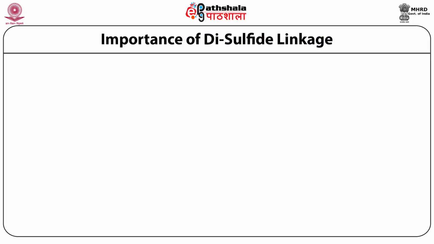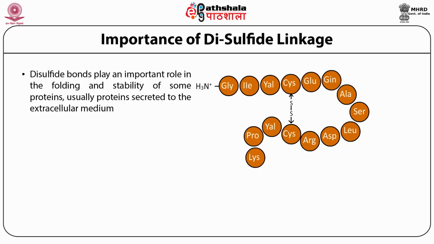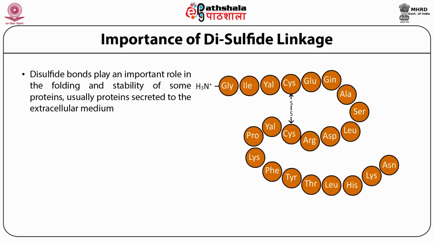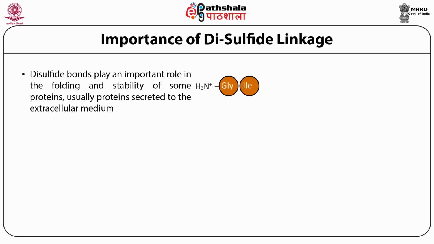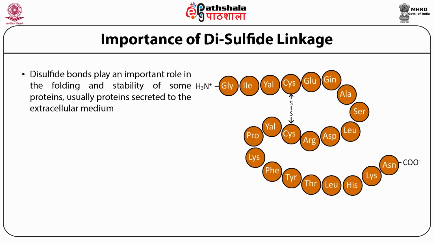Importance of disulfide linkage. Disulfide bonds play a very important role in folding and stability of some proteins. Usually, these are proteins secreted to the extracellular medium.